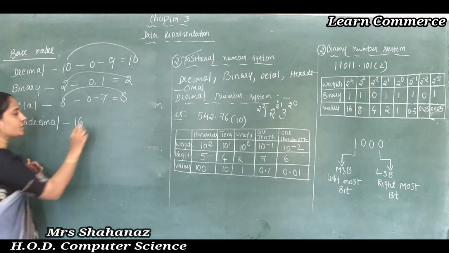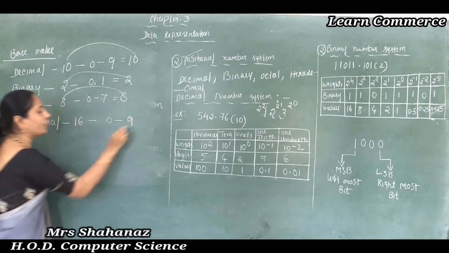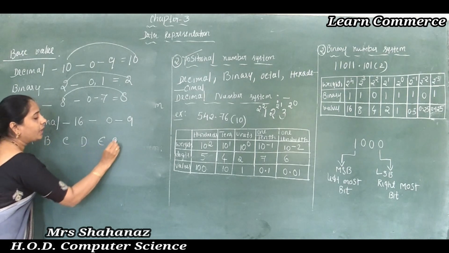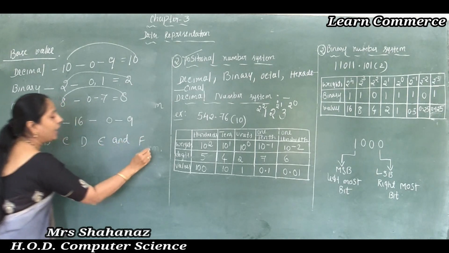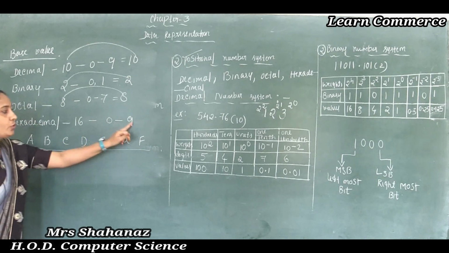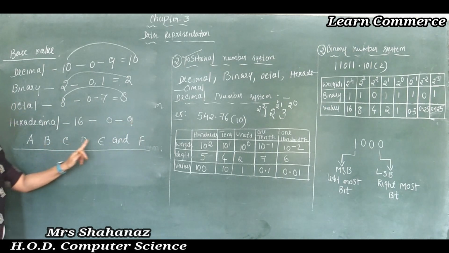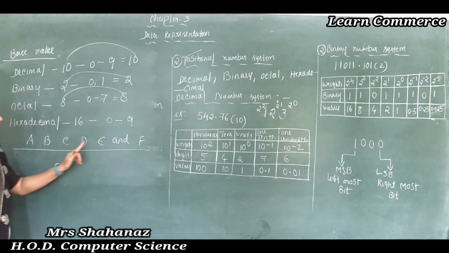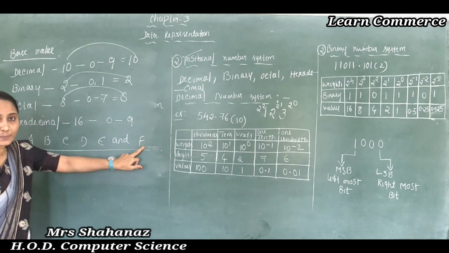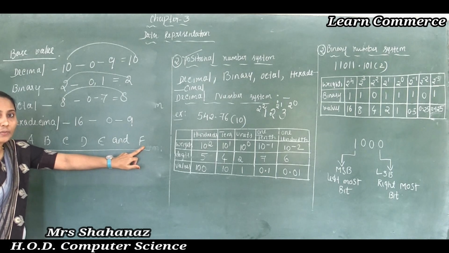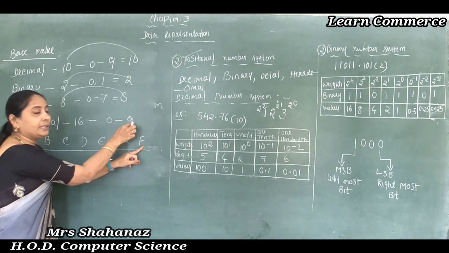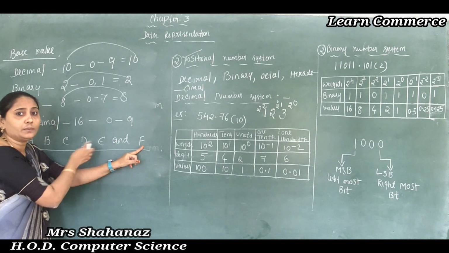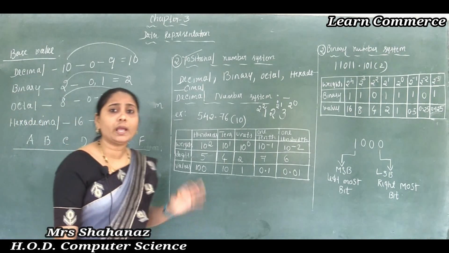The digits start from 0 to 9, and also A, B, C, D, E and lastly F, clear this one here. 0 to 9, then 10, 11, 12, 13, 14 and 15 respectively, clear this one. So when you add 0 to 9, that is 10, and also these 6, that is equal to 16.